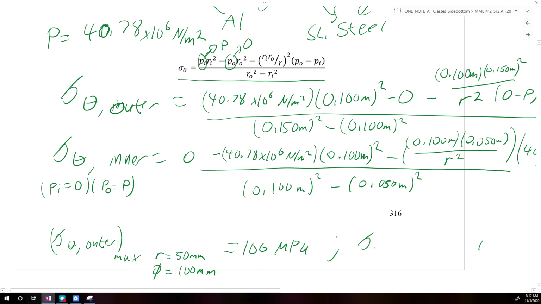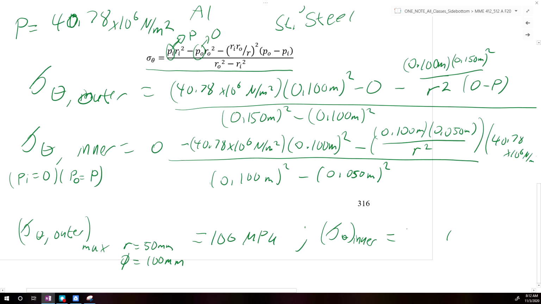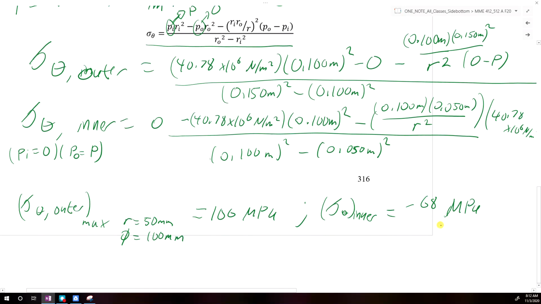For the inner cylinder, we would get minus 68 megapascals, and that would occur at the inner radius, so R is equal to 25 millimeters, or the diameter of 50 millimeters. I should say that in these equations it should not be the radius squared. These should actually be the diameter squared.